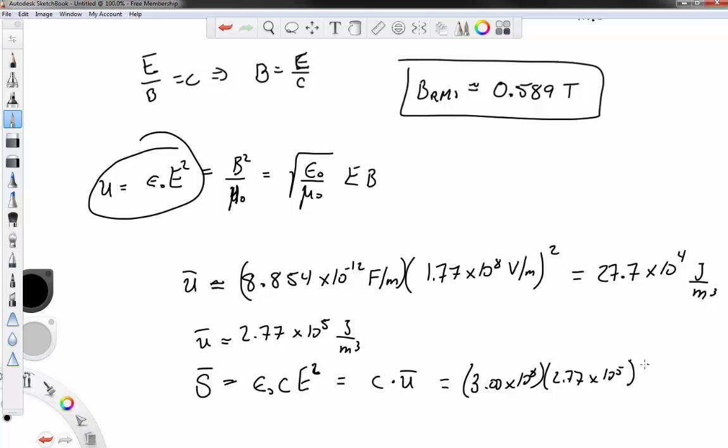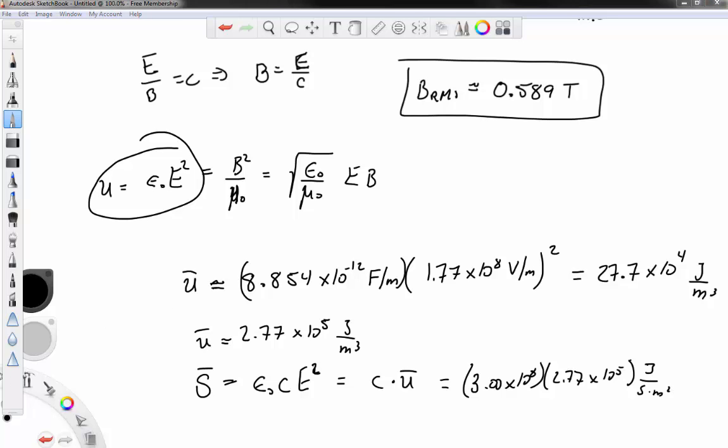And that is going to give us units of joules per meter cubed times meters per second squared, so that's joules per second dot meter squared.